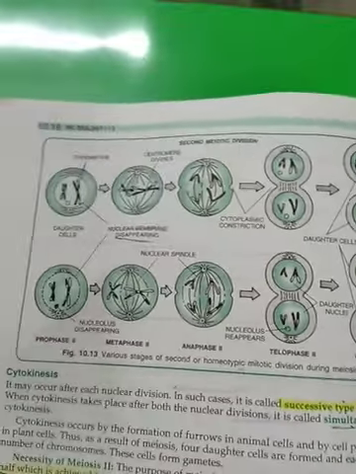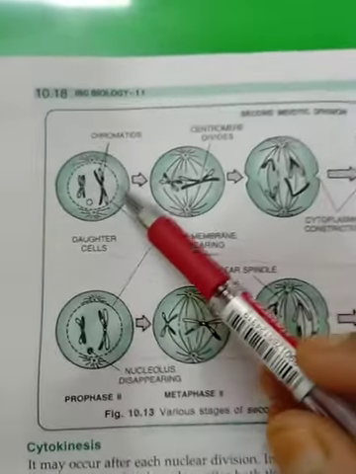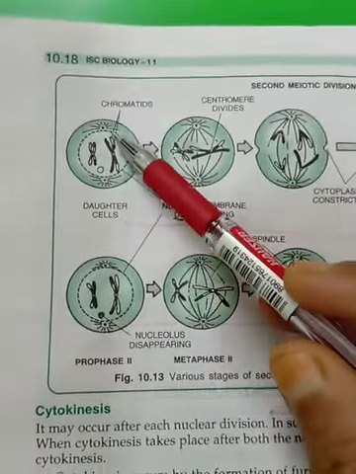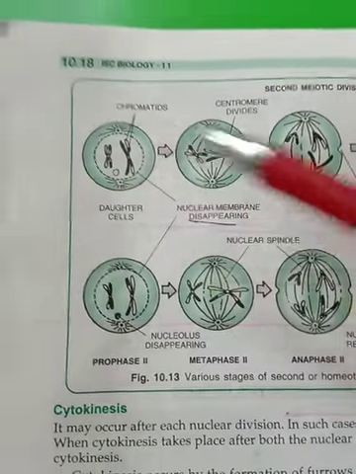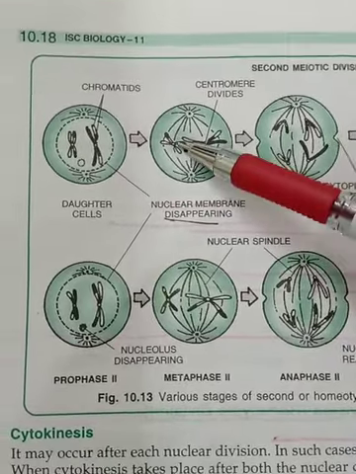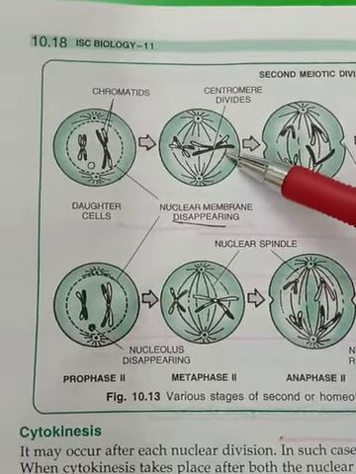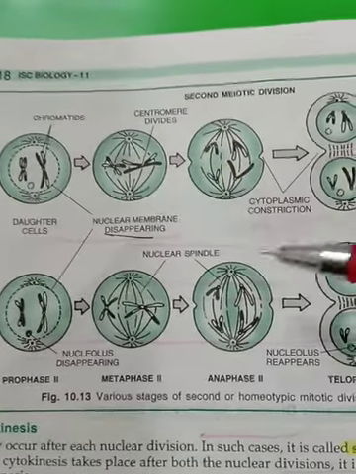So meiosis 2 is very simple. Once again, let us revise. Here the nuclear membrane disappeared and spindle formation started in prophase 2. In metaphase 2, the spindle formation completes. Then the metaphase plate, the chromosomes align at the equatorial plate, arms directed to the opposite poles.